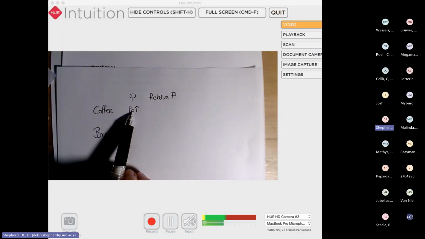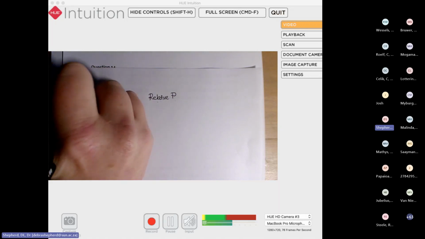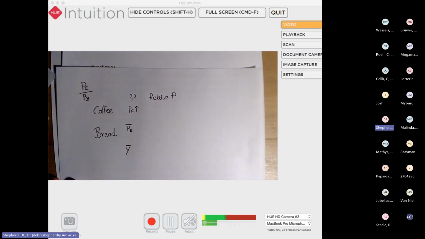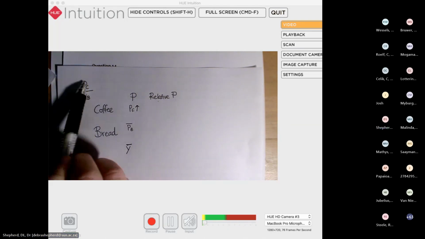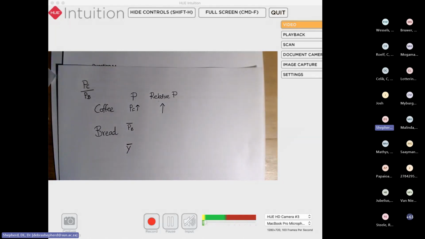If the price of coffee goes up, what happens to the relative price of coffee if its money price increases? If coffee becomes more expensive, what happens to its relative price? Remember, a relative price is the price of that thing divided by the price of the other good. It increases, yes. So if the price of coffee goes up, it becomes relatively more expensive.